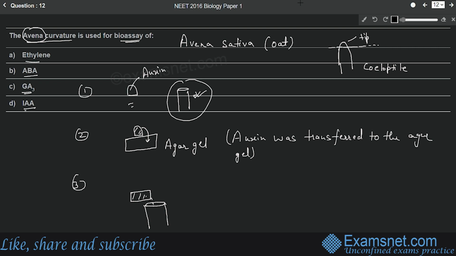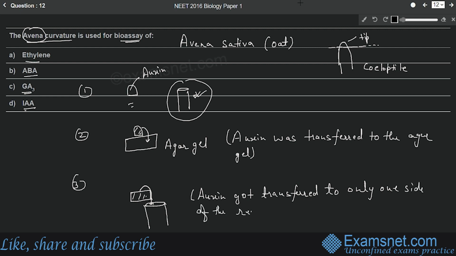So this auxin was transferred only to this one side of the remaining coleoptile part.